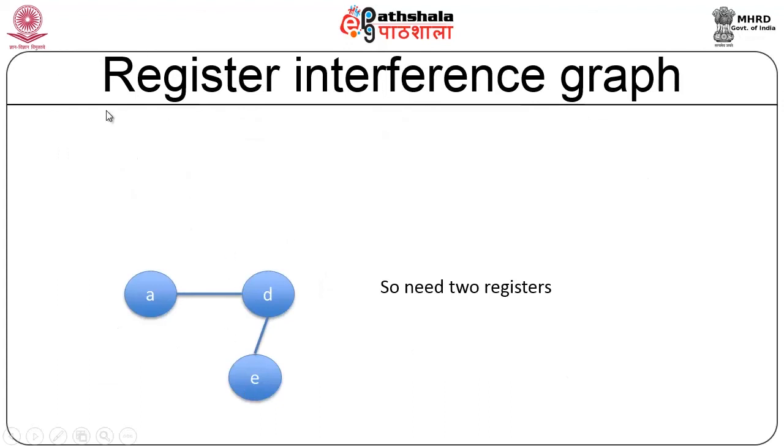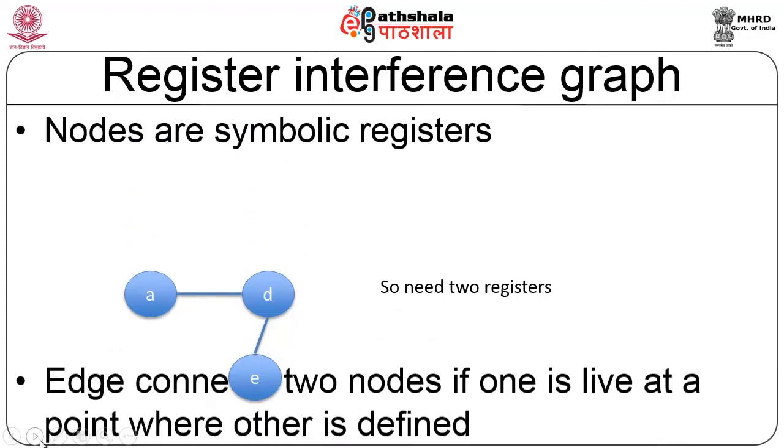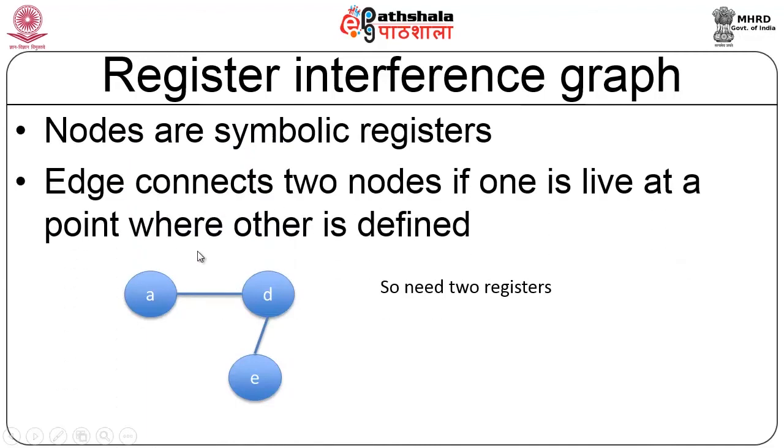So consider, for example, the earlier one, where we construct a register interference graph in which nodes correspond to symbolic registers, and you define an edge if one is live at a point where the other is defined.